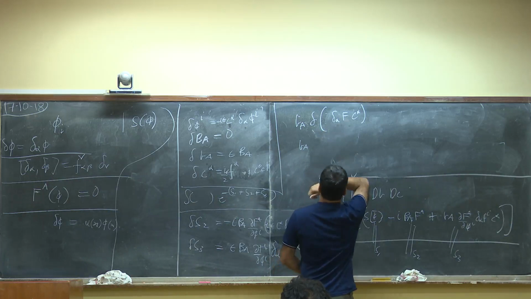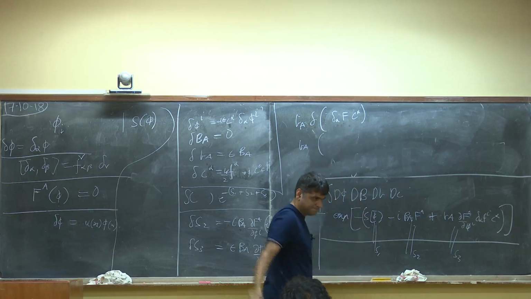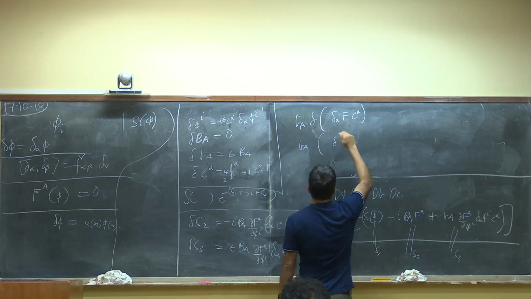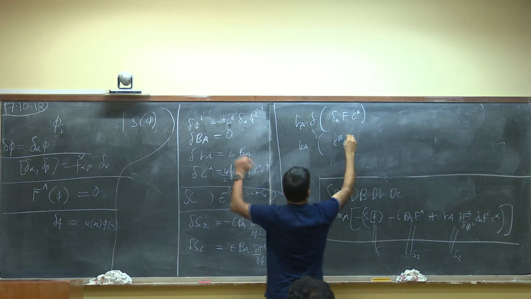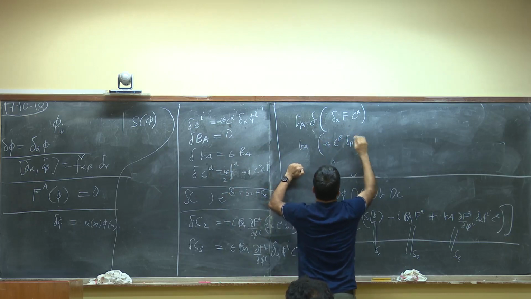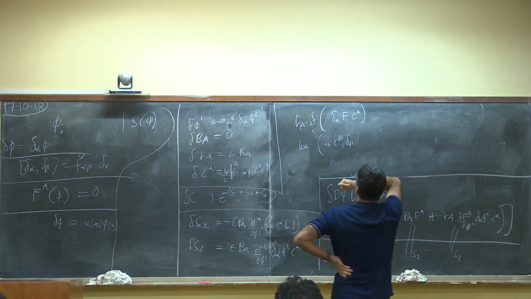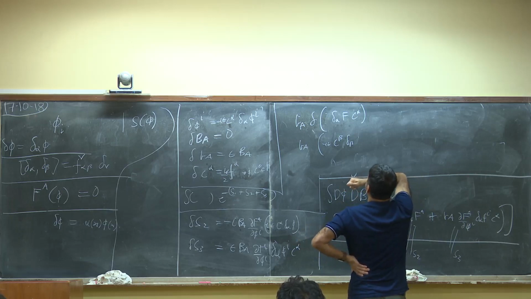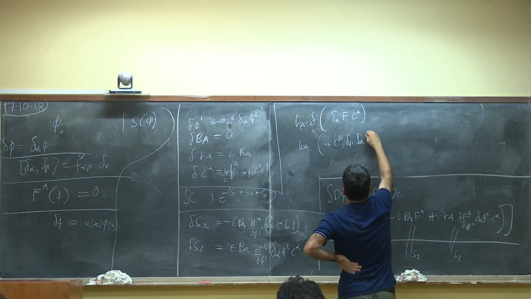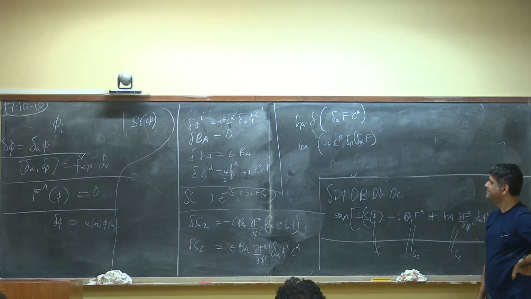So now let's look at this quantity. This quantity has two terms. The first thing is acting here. So that's C beta del beta, minus i epsilon C beta del delta beta of delta alpha phi, delta alpha F. Right?